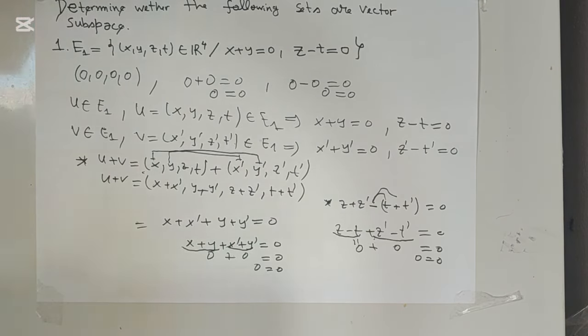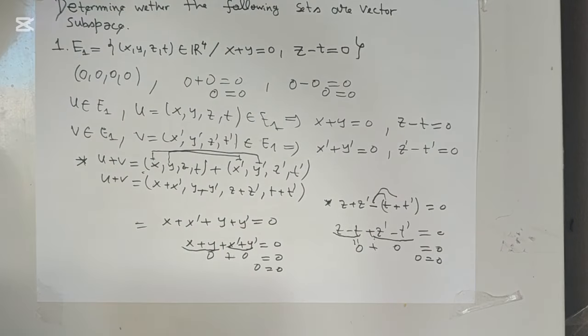And the last one, we have to show that it's closed under scalar multiplication. Let me remind you what it means. It means multiplying a vector by any scalar must not take you outside the set. And let me remind you, the vector must belong to the set.